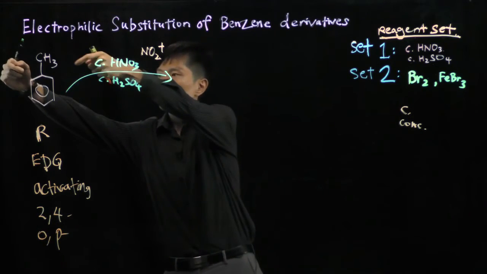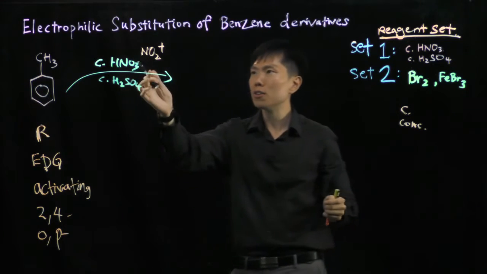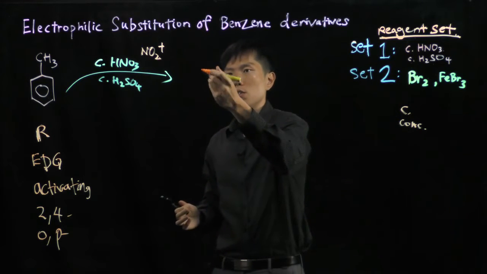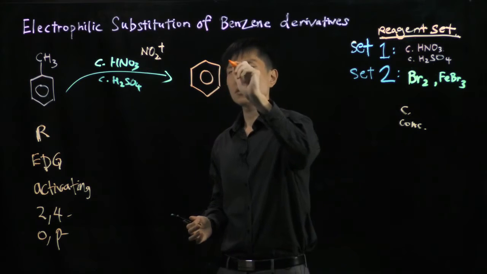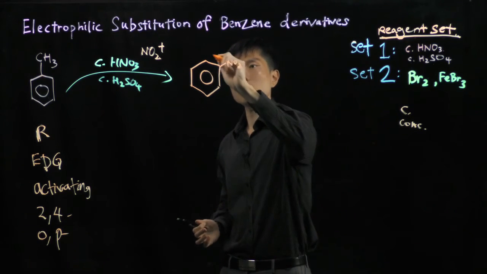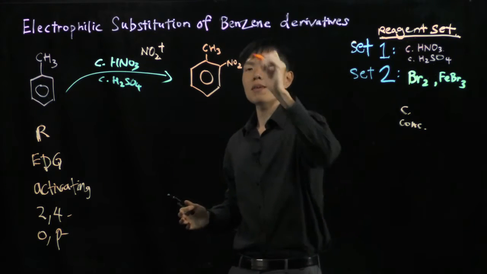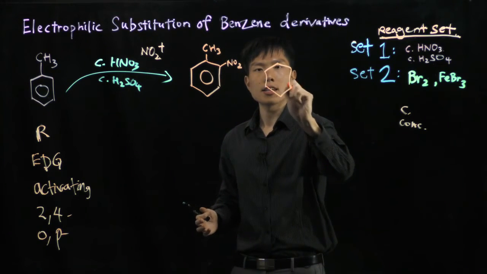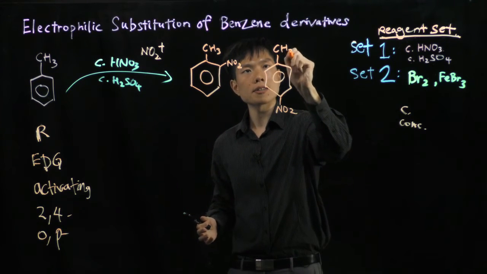So we have the ortho position and the para position that you can put on the NO2. So the resultant product here, you have a mixture of these isomers, a 2-nitro methyl benzene and a 4-nitro methyl benzene.